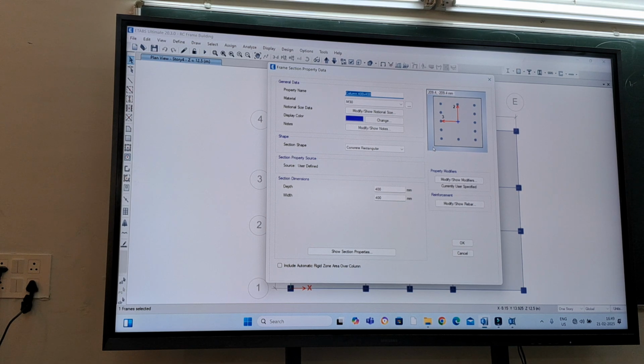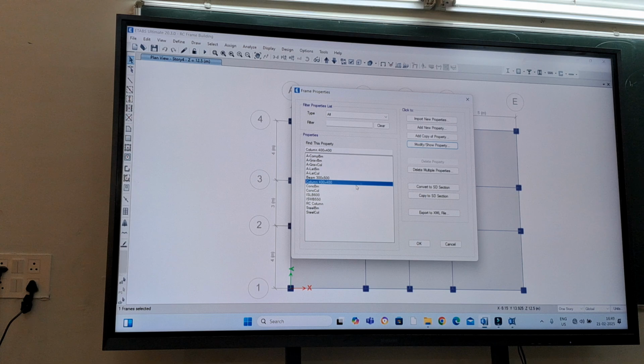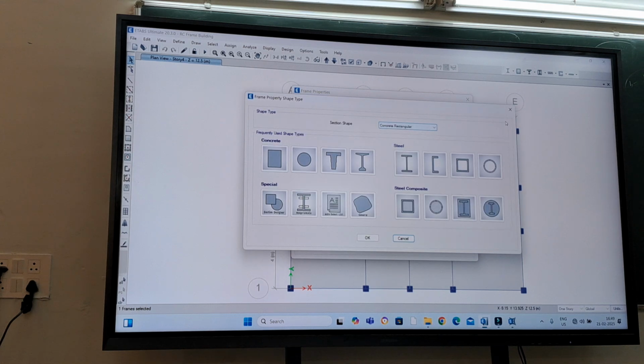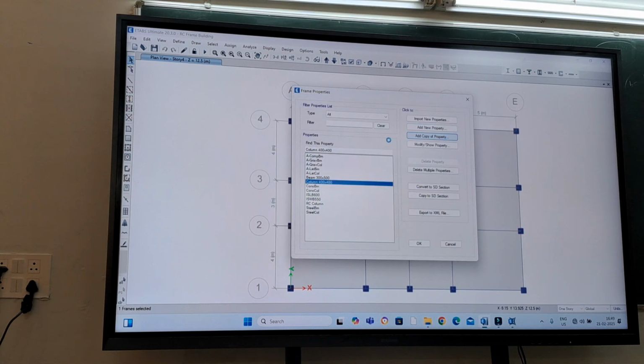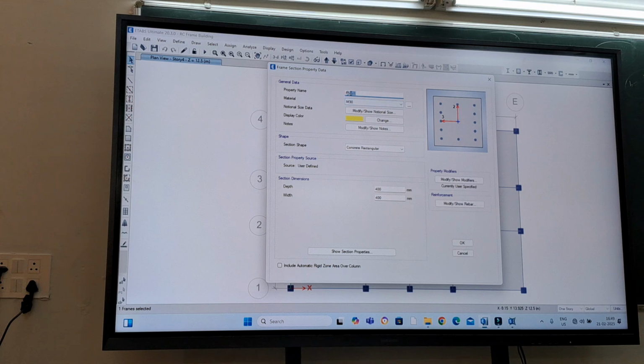Now in this model I am using only one size, but since the upper storey we have seen was not failing, you can put the same size there, and wherever it was failing you just select those members and define some higher sizes for them. So I keep this as it is, I create a copy of this. So let's say 500 by 500.